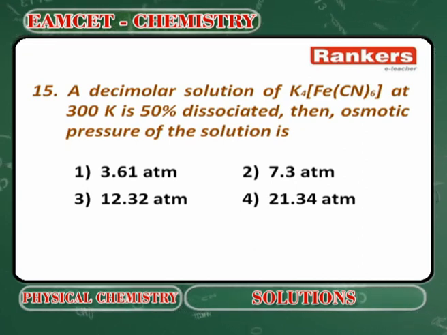Now coming to this, a decimolar solution of K4Fe(CN)6 at 300 Kelvin is 50% dissociated. Then what will be the osmotic pressure of the solution? Pi is equal to iCRT.